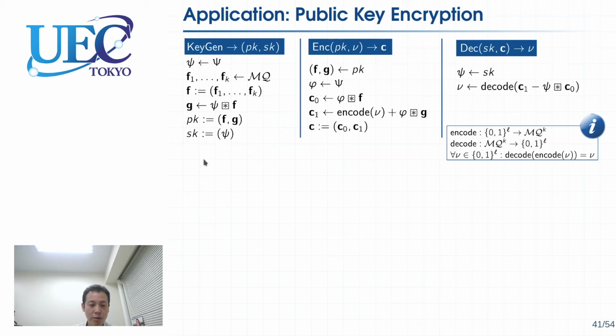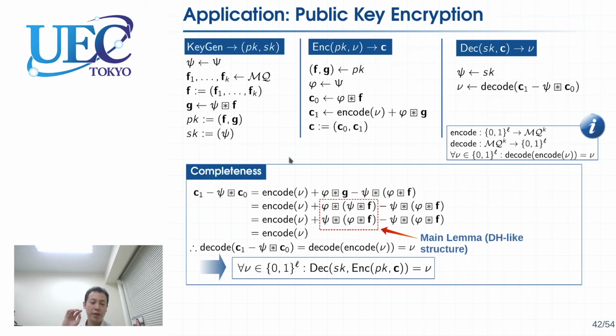Next, we show how this scheme really satisfies completeness. So we analyze the inside of this: C1 minus psi operate on C0. According to the scheme, we can expand this like this.